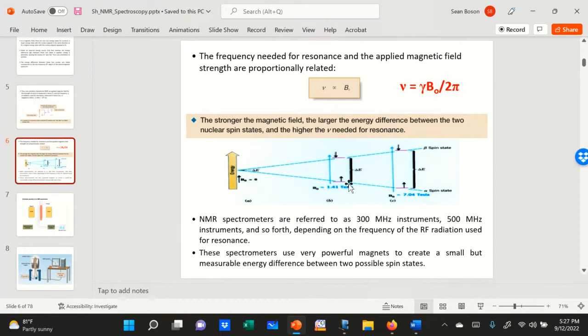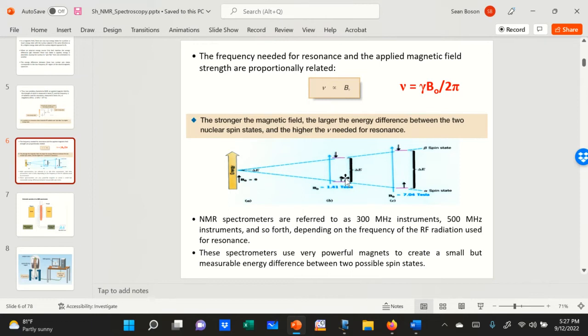That is why it is called nuclear magnetic resonance. If that exact amount of energy is given, not more, very exact, since this is quantized and extremely fixed, then there will be a transition from alpha to beta.